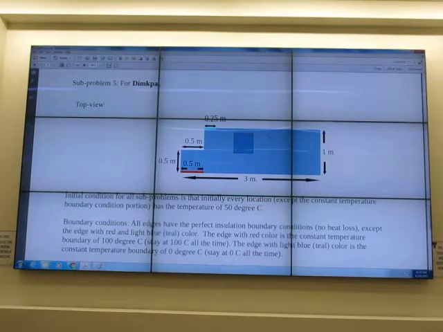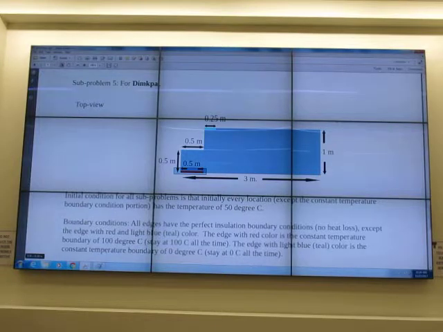Everywhere that you have dark blue is 50 Celsius initially. And every boundary is no heat loss, except the place where it's red or blue, which is constant temperature. Blue is 0, red is 100.